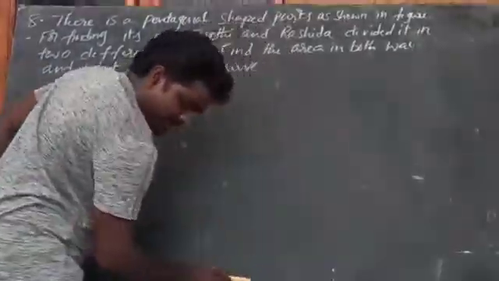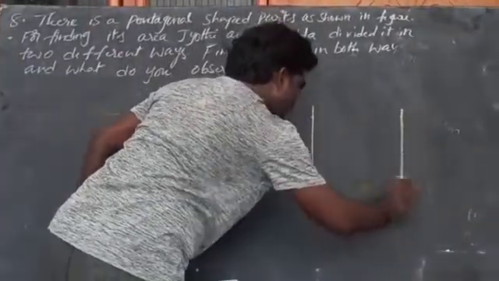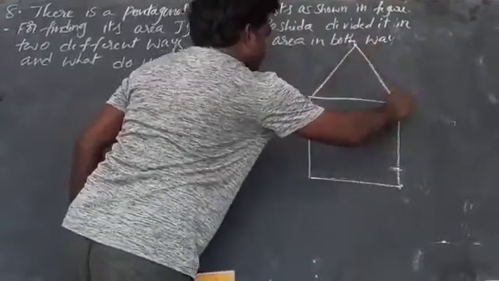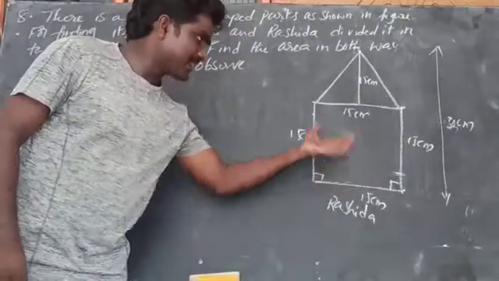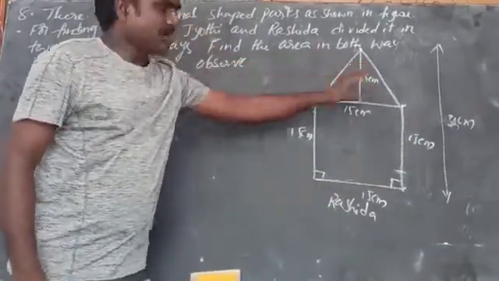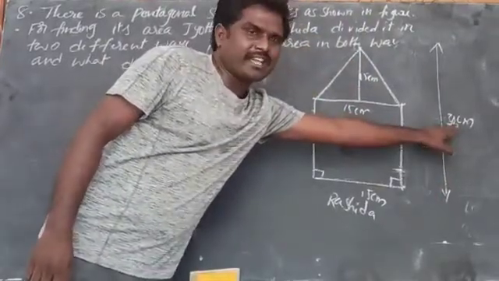Next, the area of ABCDE in Rasida's way. Rasida's diagram is like this: a square and a triangle. Rasida divides the total diagram into one square and one triangle. The total length of the diagram is 30, the height is 30.